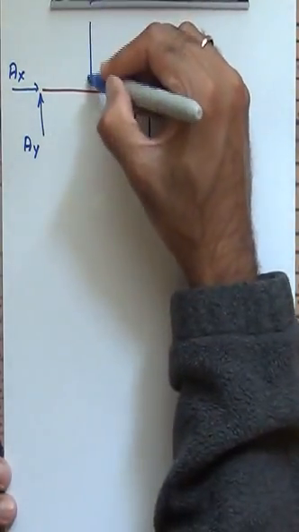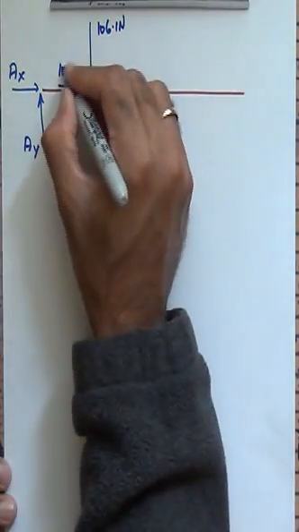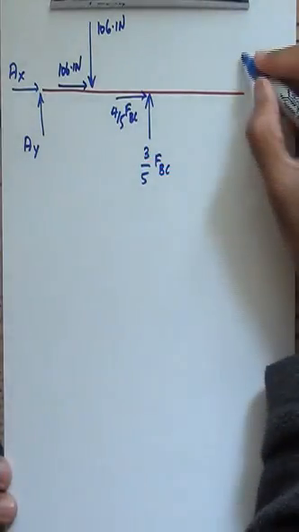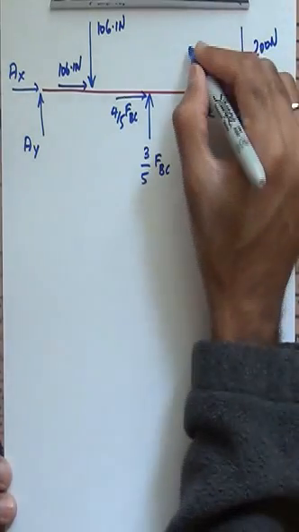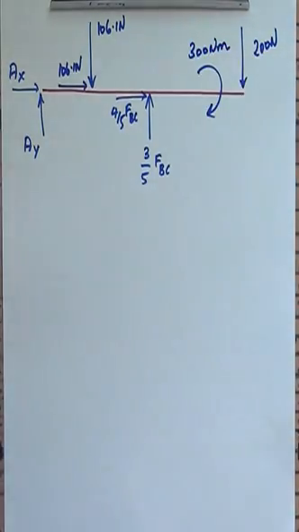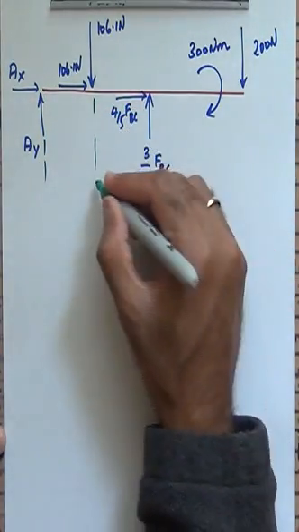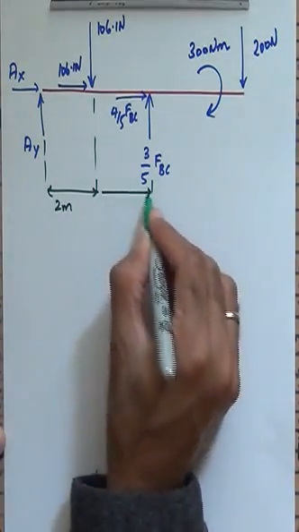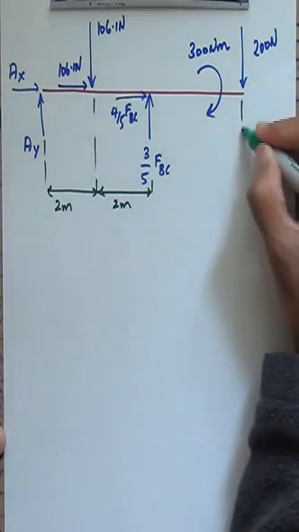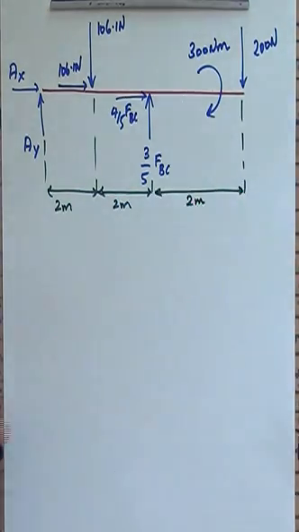Then I have a 106.1 newtons here, 106.1 newtons there. Then I have this 200 Newton force, and then I have a couple moment of 300 Newton meters, and then importantly I have dimensions for this. So from the point A onwards on to these points here, this is going to be 2 meters, this is going to be 2 meters, and then the last bit of this is also going to be 2 meters.